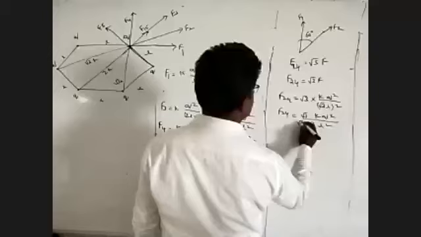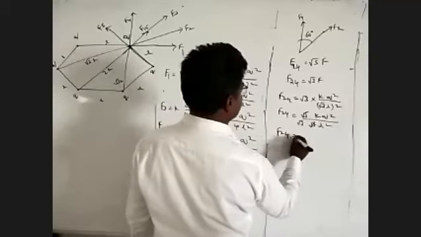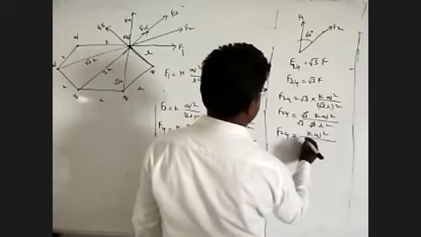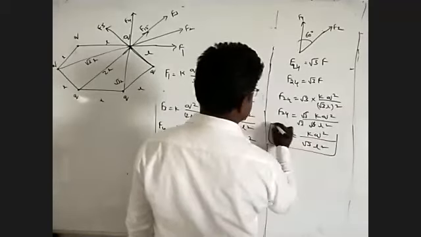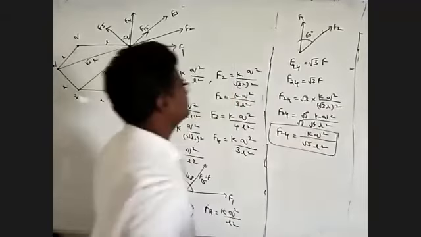Now this root 3, you can write, cancels, so F24 is equal to KQ squared by root 3 L squared. That is your F2.